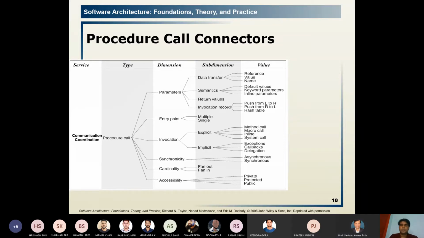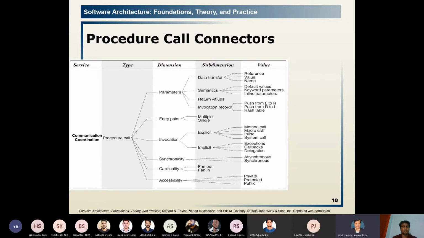Then synchronicity: you have to check whether it is synchronous or asynchronous. Then cardinality: fan in, fan out, which is also in your software engineering. Then accessibility: whether private, public, secured, or protected.